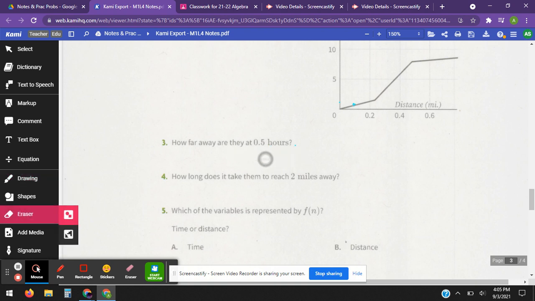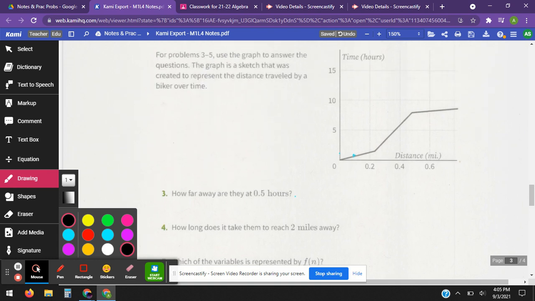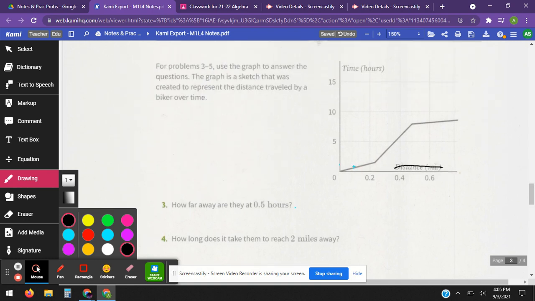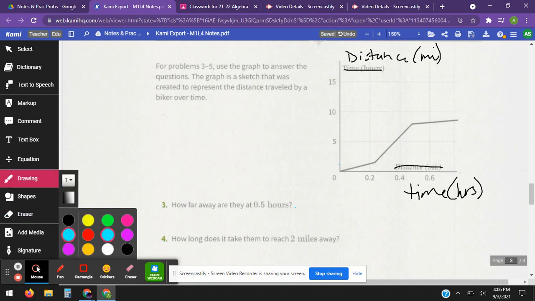I'm going to make an executive decision and say this one is time, hours, and this one is distance in miles, because those don't make sense with how they're asking the question. So let's try this again. All right, so 0.5 hours would be right here, which puts us at about 8 miles away.